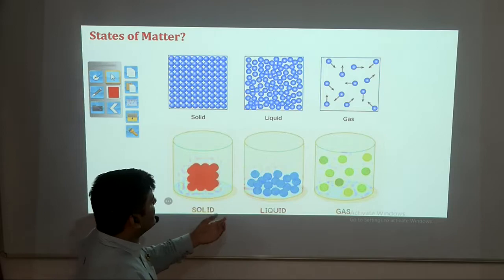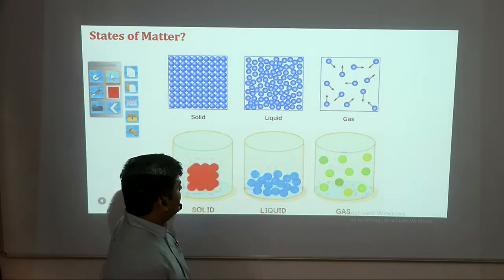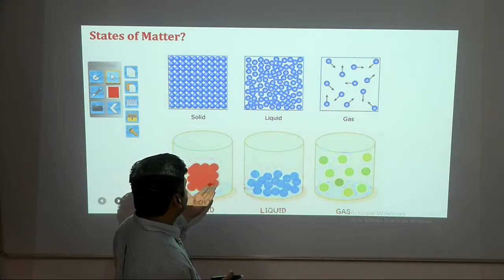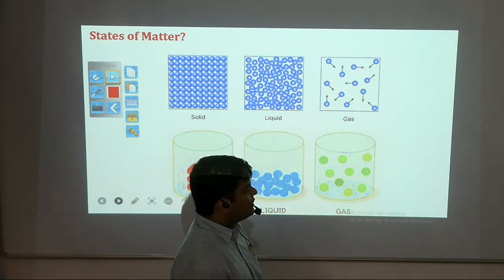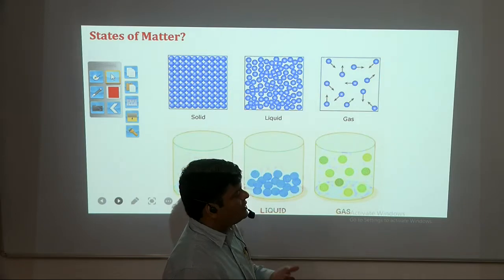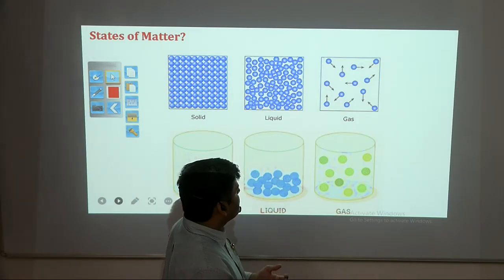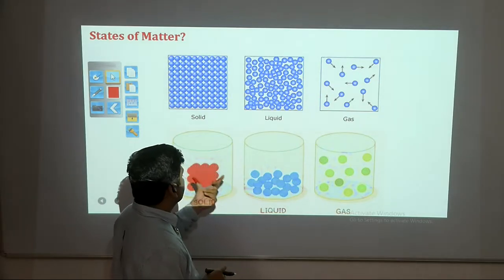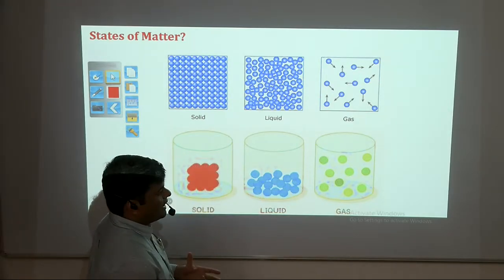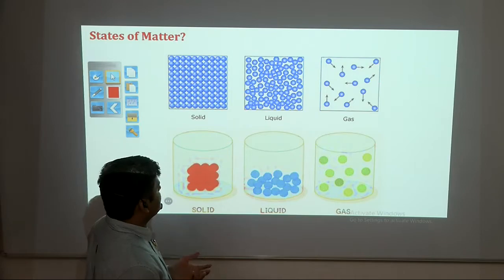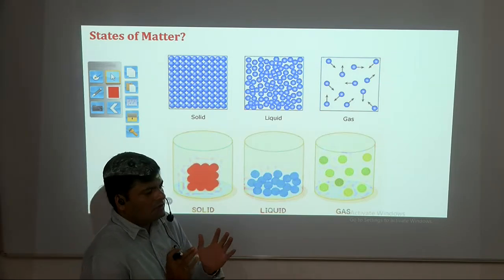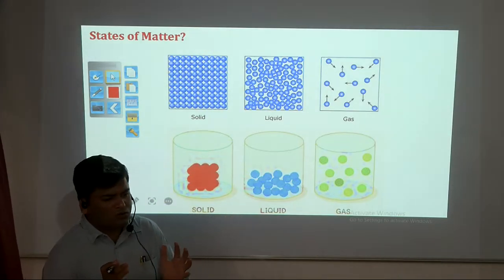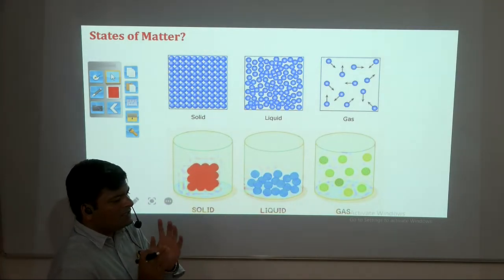In a liquid, the intermolecular force is comparatively lower than in a solid, and in a gas, this force is almost negligible, almost zero. That is why solids have their own shape and size. As the intermolecular forces are very high, they pack the atoms, ions or molecules together and make the solid.